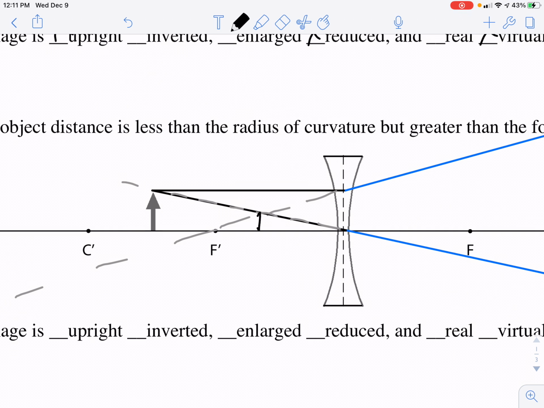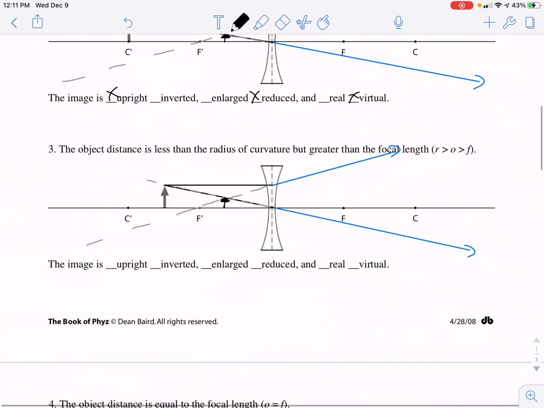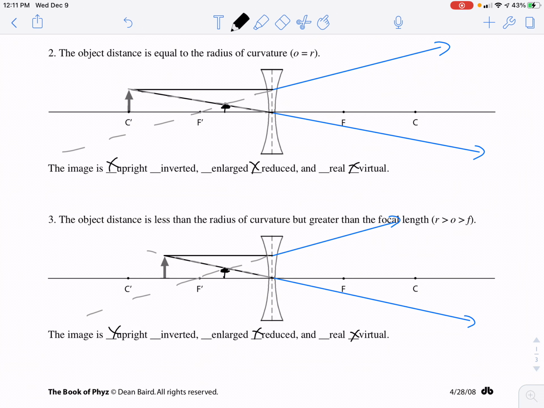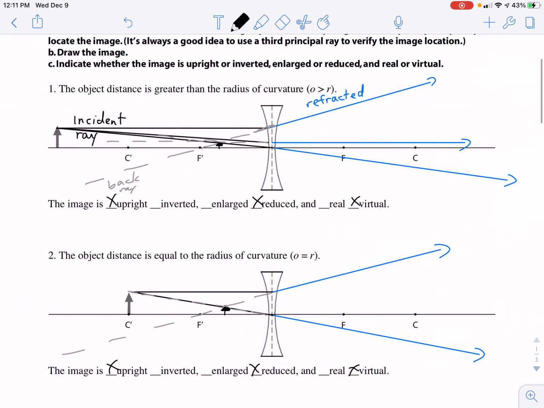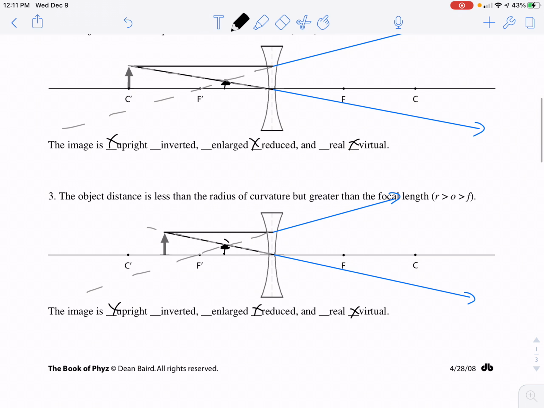And you can see the image formed is again an upright, reduced virtual image. But something you should notice about the image is that as we get closer to the lens, the image itself is getting a little larger. And it's moving a little bit away from the lens, but you can see that as we get closer to the lens, that virtual image is getting larger and larger each time.